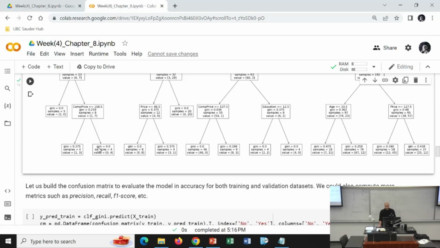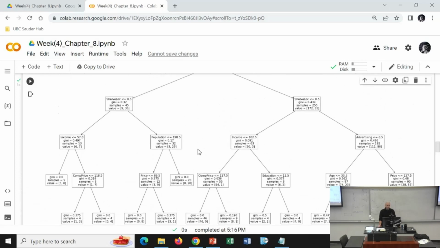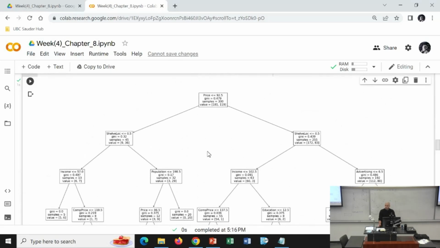So then this kind of flowchart is our model. If you want to make a prediction, you can tell me what would be the predicted number of sales if we spend this much on advertising, if we price our product at this value, in a city where income level is this, where median age of population is that.